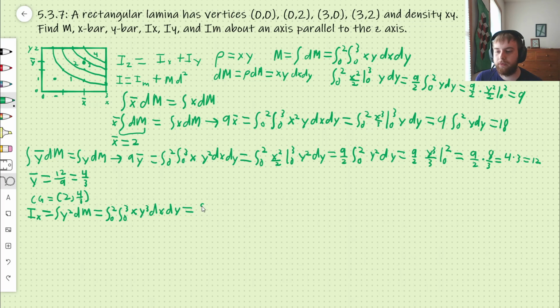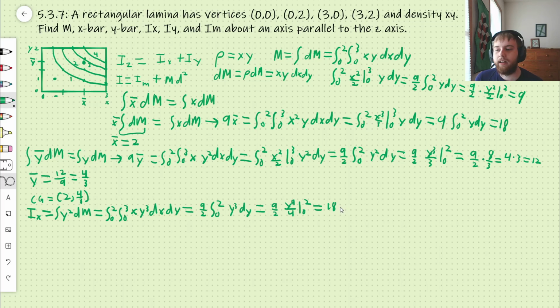And as usual, that's a 9/2. We've seen this integral before. Y cubed dy. So this is equal to 9/2 times y to the 4th over 4 from 0 to 2. So it would be 16 over 4 is 4. So this would be 18.